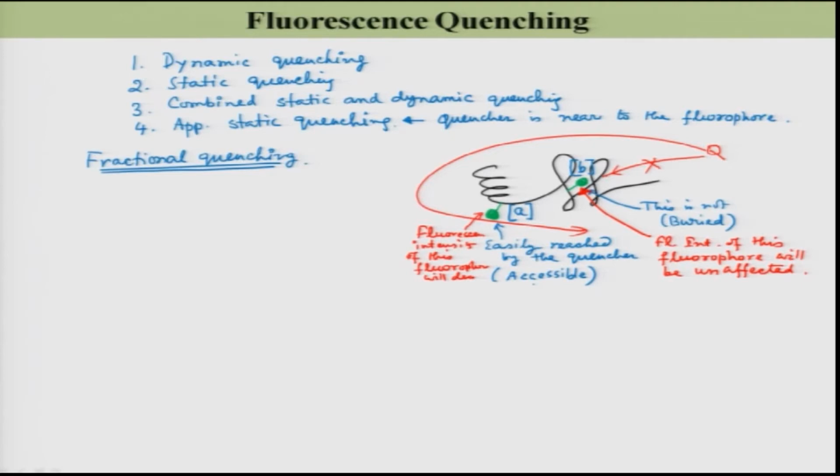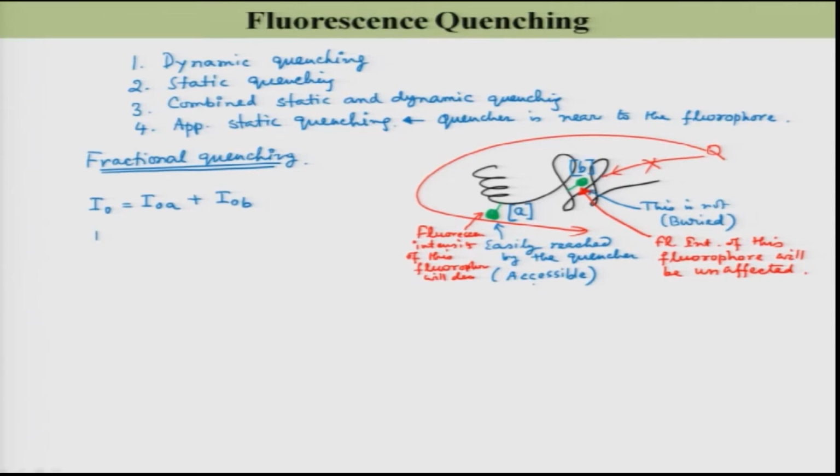Without addition of quencher, when there is no quencher, the total fluorescence intensity I 0 can be written as I 0 of A plus I 0 of B. Now, as I argued, when you add the quencher it will quench the fluorescence of A, but it will not quench the fluorescence of B.